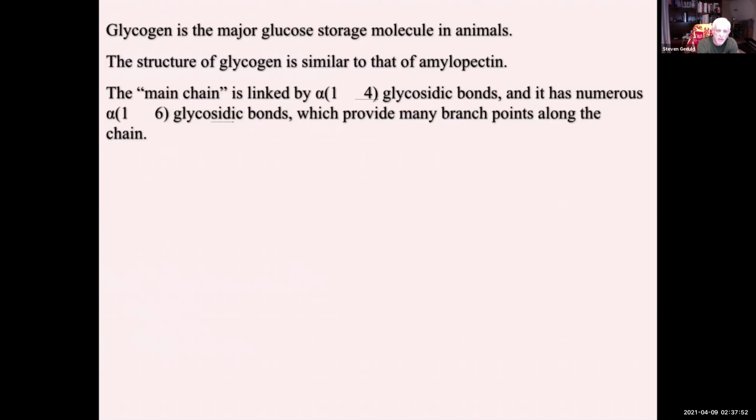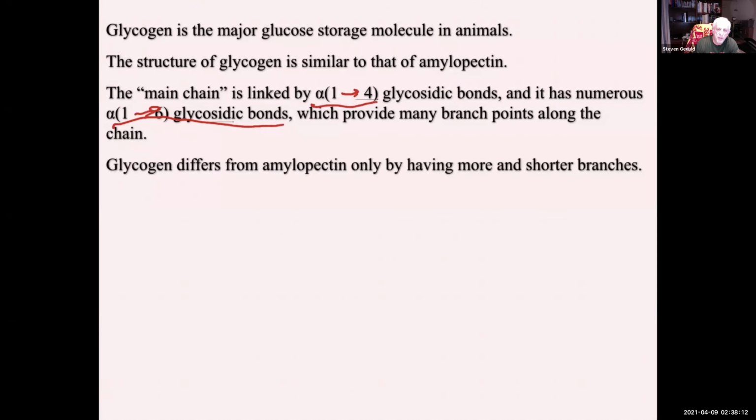Glycogen is a major glucose storage molecule in animals, like we said. Structure is similar to amylopectin. The main link is 1,4 glycosidic bonds, and then has numerous 1,6 glycosidic bonds also. So the 1,6 glycosidic bonds provide the branching points of the chain.